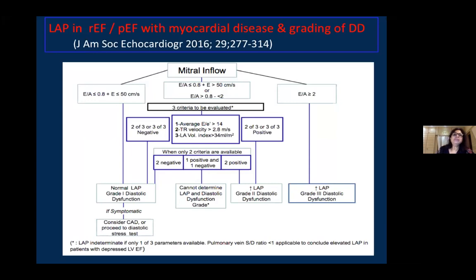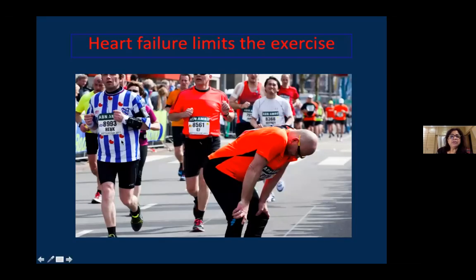Now, it has been seen, in spite of being in grade 1 diastolic dysfunction with normal LV pressure, some patients become symptomatic, not at rest, but when they exercise, like when they walk, when they run, they go into heart failure, and that limits their exercise capacity.